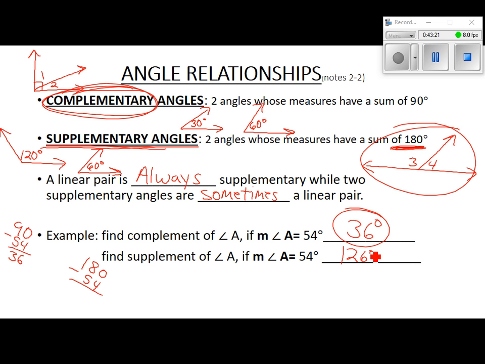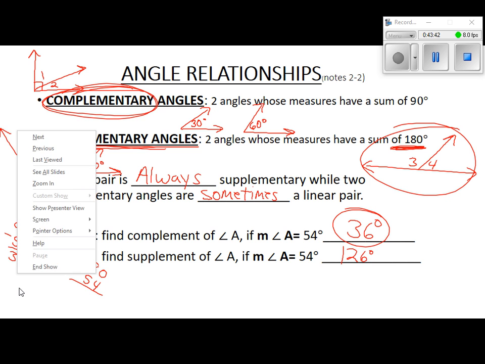Then you wouldn't be able to directly find it, but like on those problems we were just doing, if they give you something like 5x plus 2 is one of the angles and the other one's 3x minus 4, then you add them together, and if they're complementary, you say this angle plus this angle equals 90, or 180 if they were supplementary.